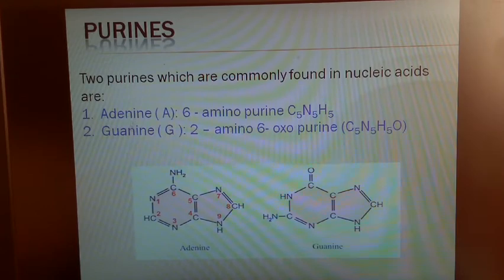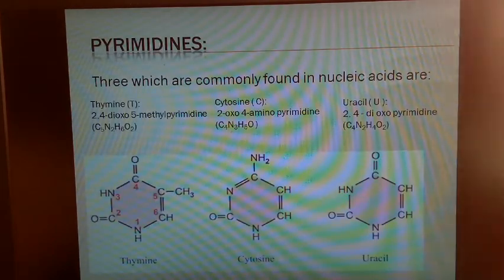Adenine and guanine are the two purines commonly present in nucleic acids. Adenine is a 6-aminopurine and guanine is 2 amino 6 oxo.